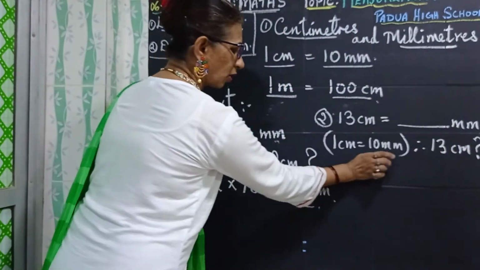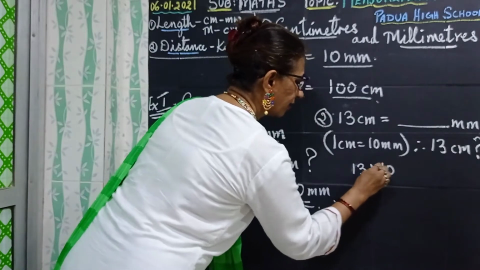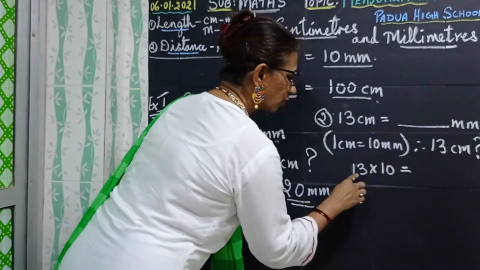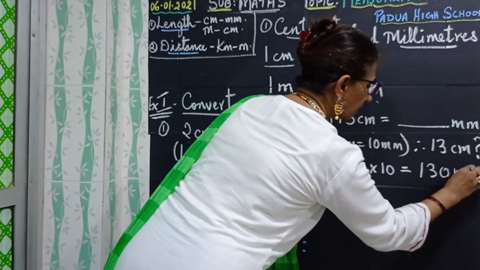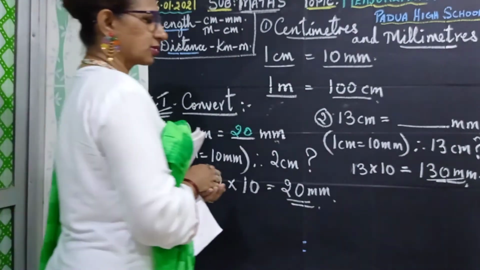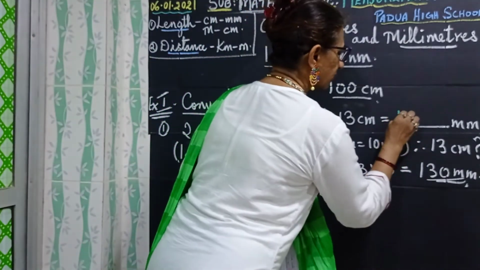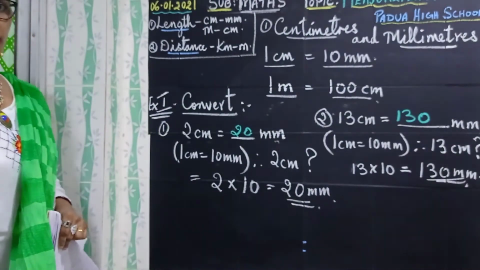I will write 13 multiplied by 10. That is equal to 130 millimeters. So what is my answer? My answer is 130 millimeters. Have you understood, children?